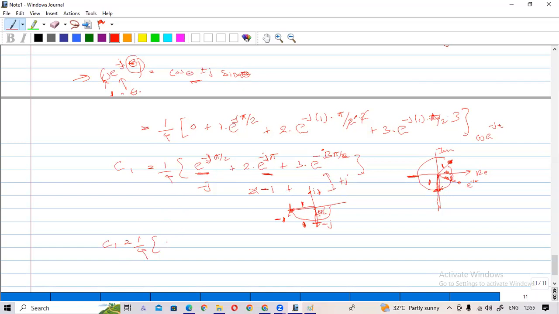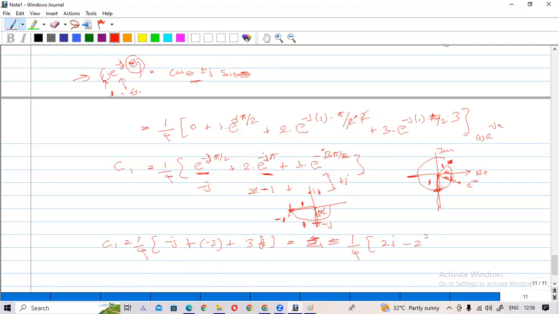This is -j plus this is -1. That means -2 plus 3 plus j. So you will have 3j here. Okay. So C1 is equal to 1/4 times (minus j plus 3j, that is 2j, minus 2).